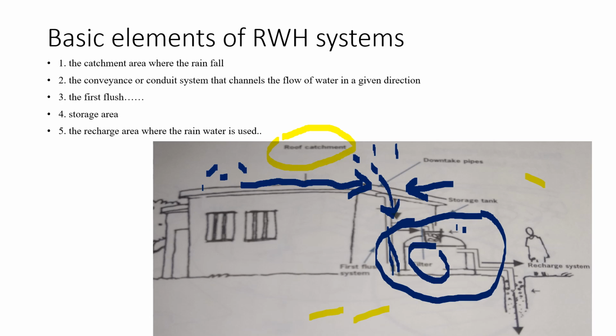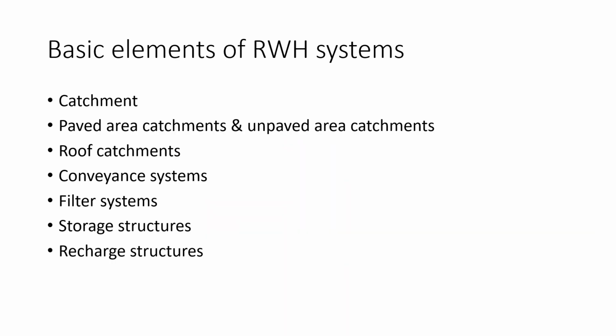Now coming to another part, the recharge area, where the harvested rainwater is used to replenish the groundwater. Here you will see some of the water is allowed to go into the groundwater to replenish it. These are basically the common basic elements of a rainwater harvesting system.